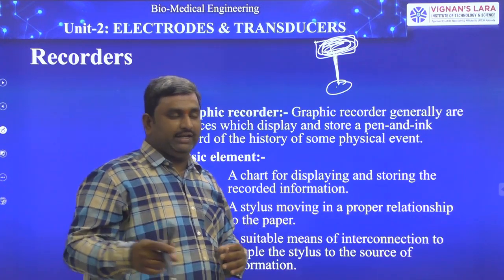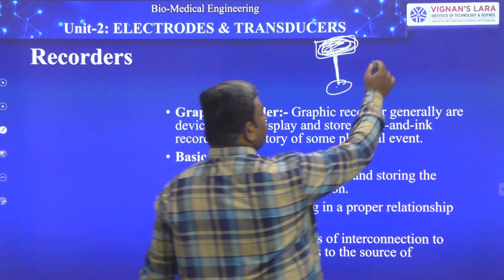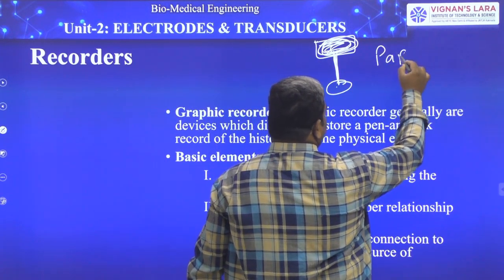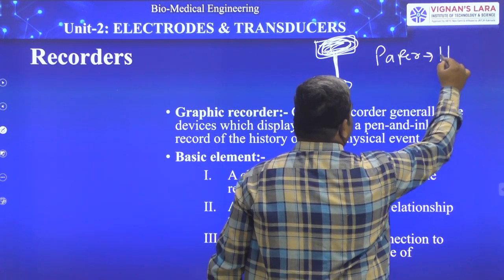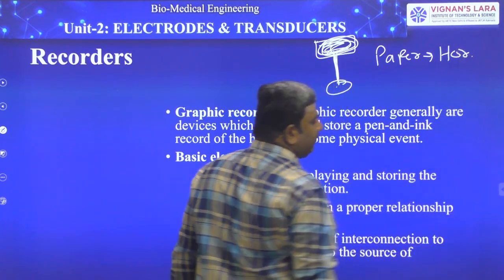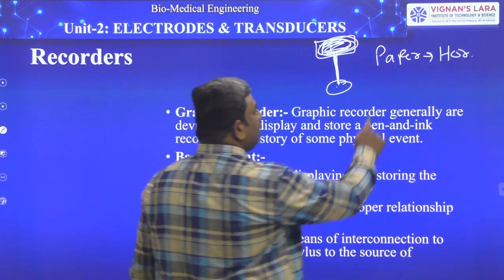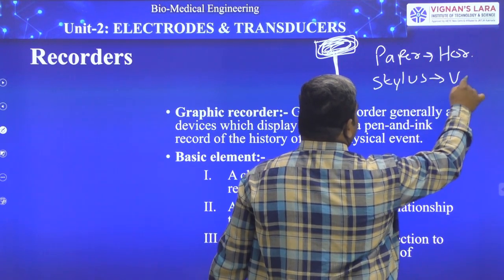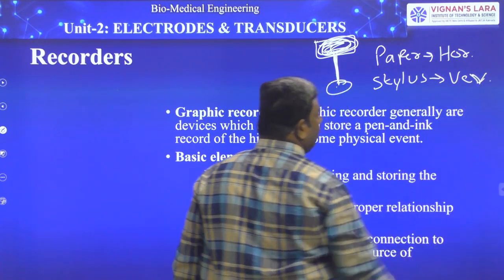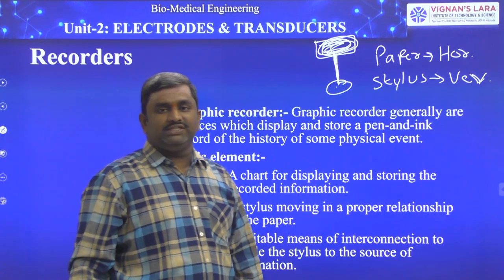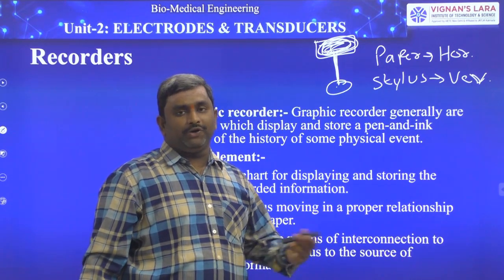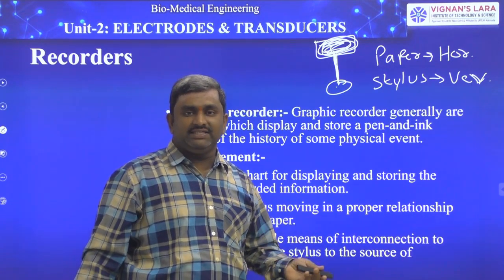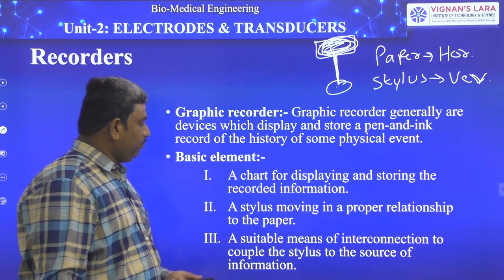For example, if the paper is moving in the horizontal direction, then the stylus or pen has to move in the vertical direction. This is the proper relation between stylus and paper, and that is very, very important.